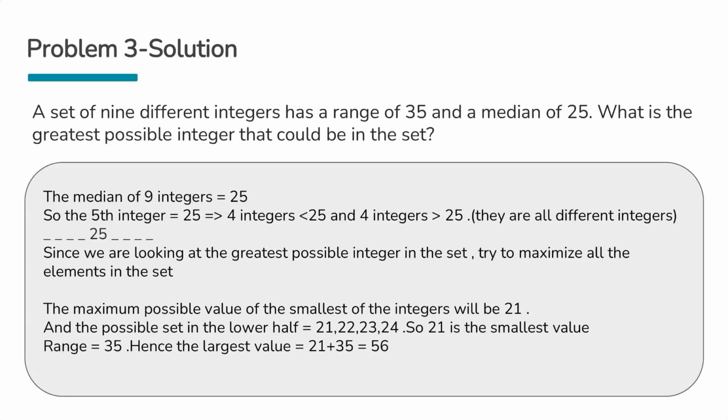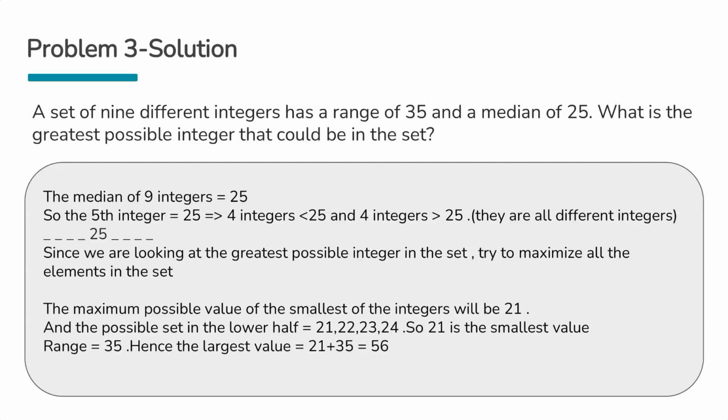If you add 35 to 18, what is the value that you get? You will get 53, right? So that will not be greater than 56. It has to be lesser than 56. So the maximum value that you can get here is 56, which is obtained by taking this number as 21. That is the least possible value when you have consecutive integers. Only in that case does the last value become the maximum value.